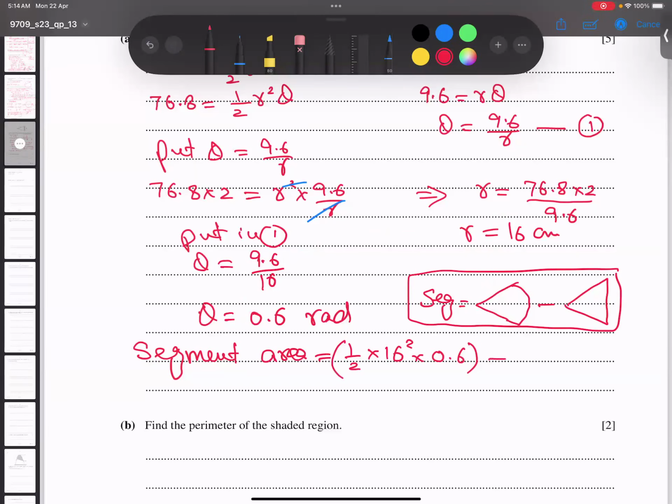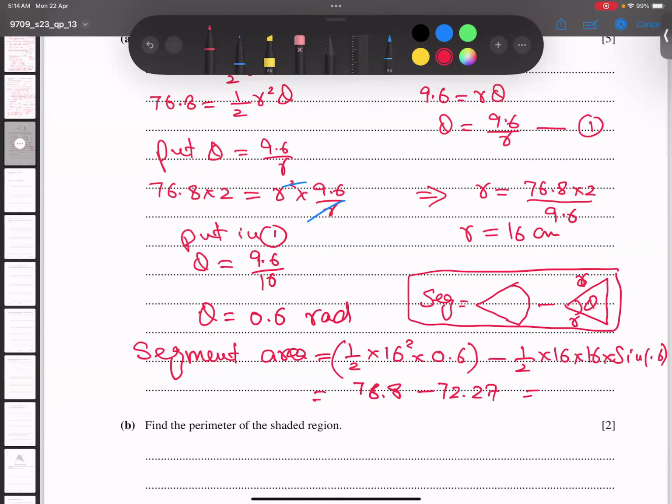And what is the triangle formula? This is half into r into r into sine of the middle angle, 0.6, sorry. If I type it all together, it is coming to 76.8, and the other part, the triangle area, is coming 72.27.